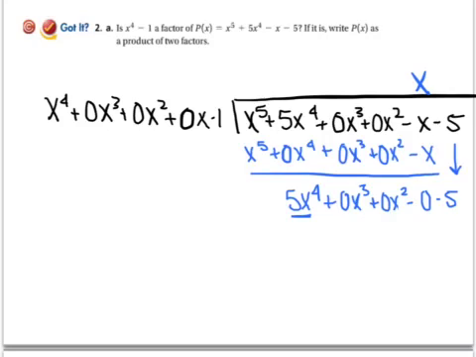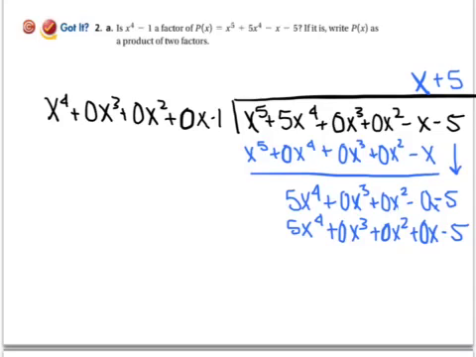So we're going to then add 5 here. And we get a big fat remainder of just 0.